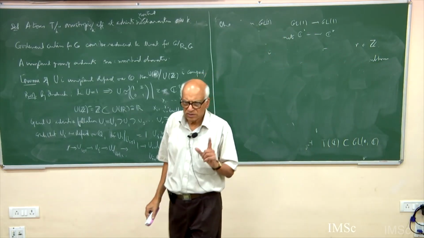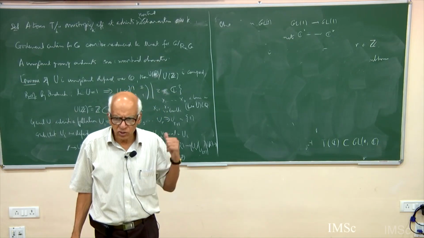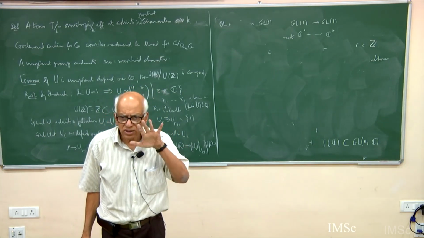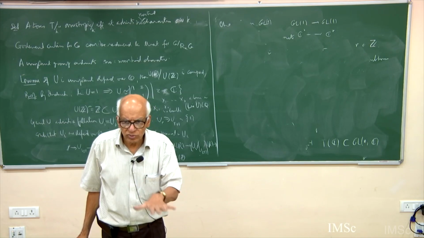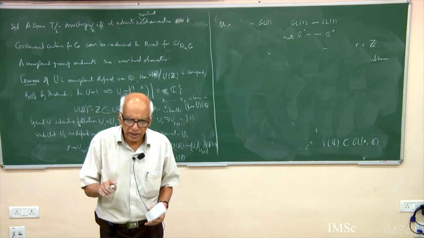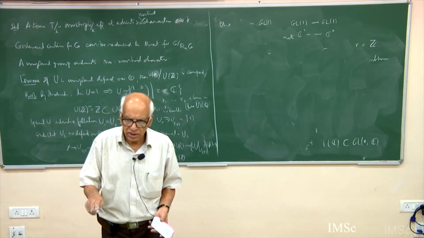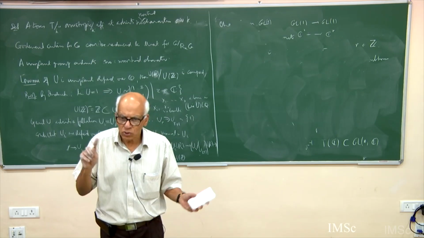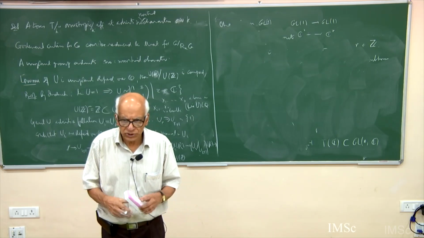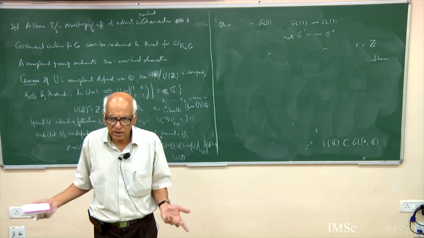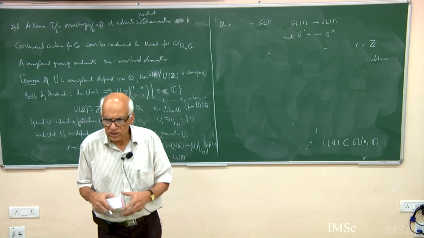When I said Goodman criterion, I have to assume that the group is reductive. The Goodman criterion says that if the group is reductive and does not admit any unipotent elements, then the quotient is compact. It's only for reductive groups. If and only if is a statement I made, assuming that G is reductive. If G is not reductive, here is an example.